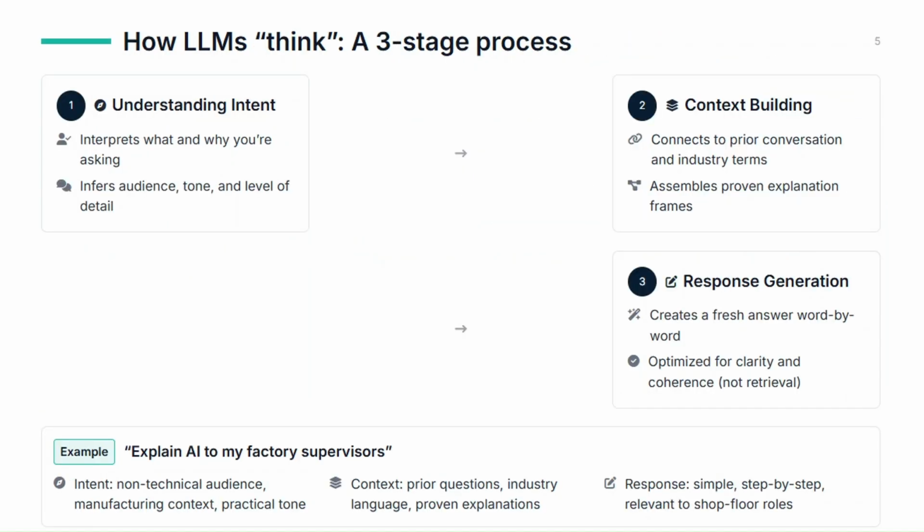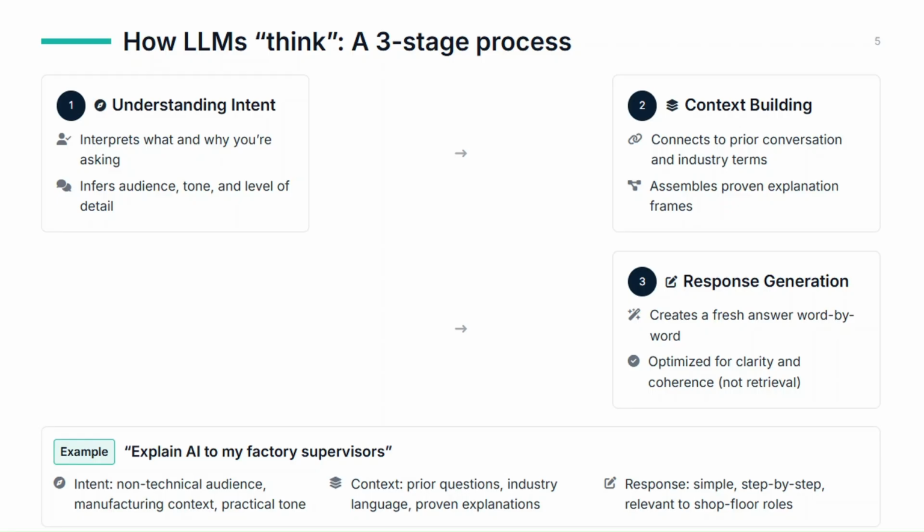How do LLMs think? Conceptually, LLM behavior can be understood in three stages. First, understanding the intent. The model interprets what you are asking, why you are asking, and who the audience is. Second is context building. It connects your request to prior conversation, industry language, and proven explanation patterns.